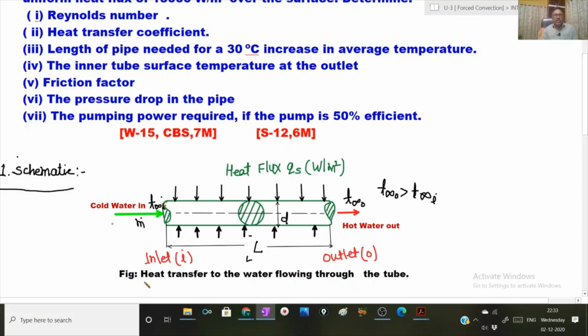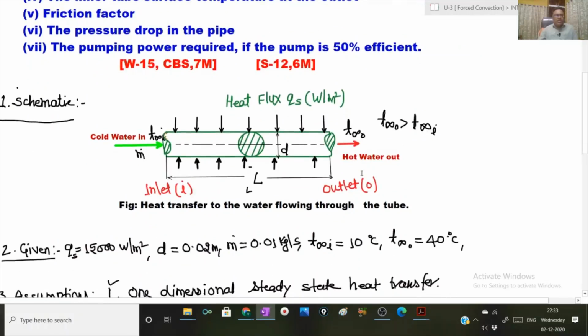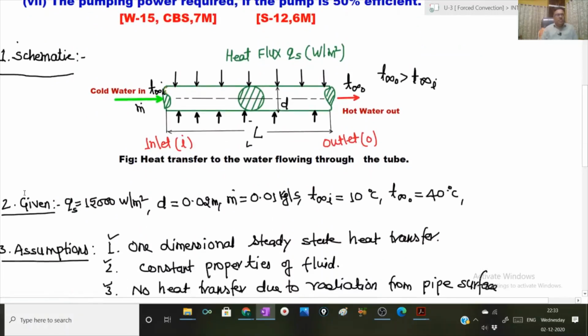So this figure represents heat transfer to the water flowing through this tube. After drawing this required schematic, let us enlist all the given things. In this problem, heat flux is given as 15,000 watt per meter square.